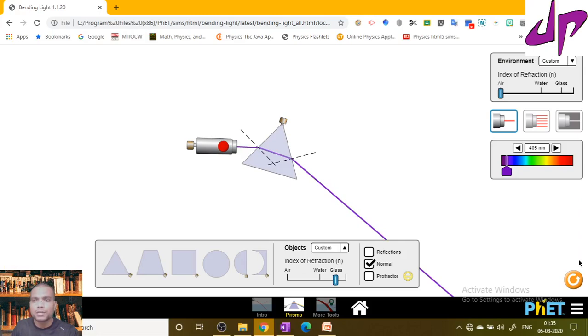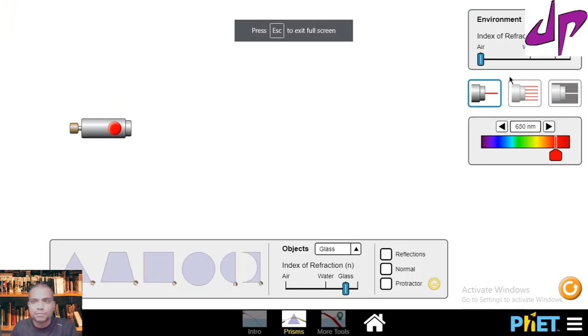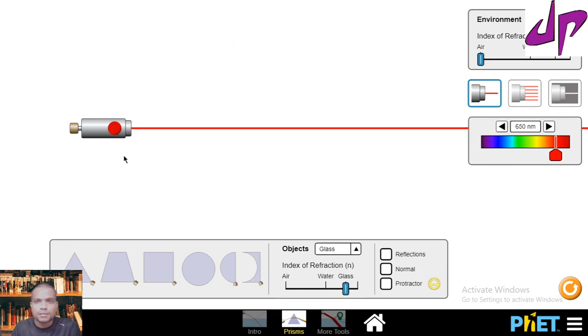To make you understand, let me take you to the PhET simulation. Suppose here I have a laser. This is the red laser, also known as a monochromatic source. It means it gives only a single color. If I change it here, the color of light will change.